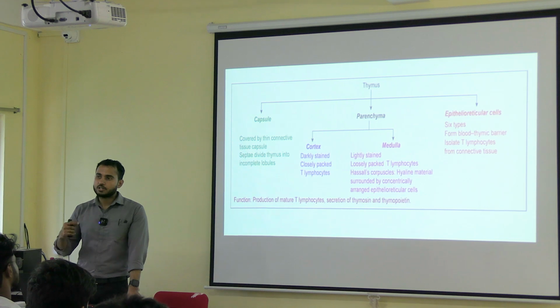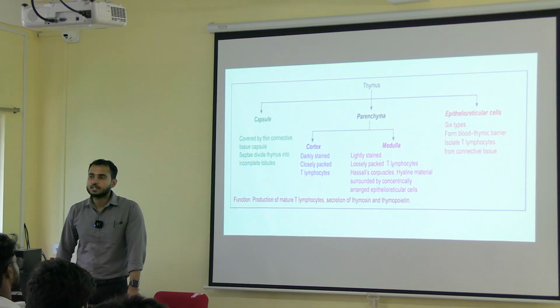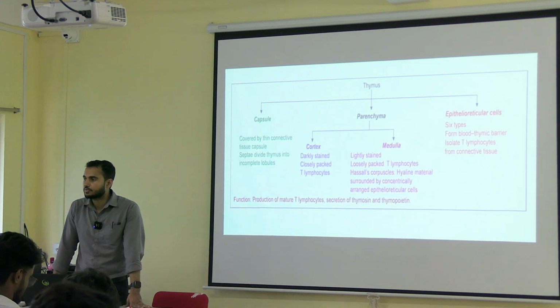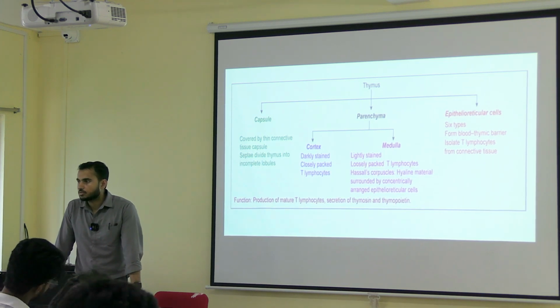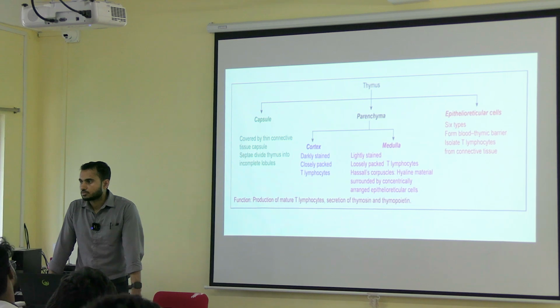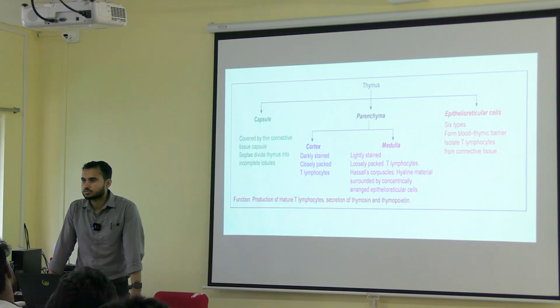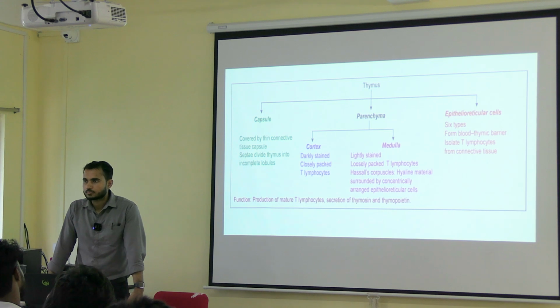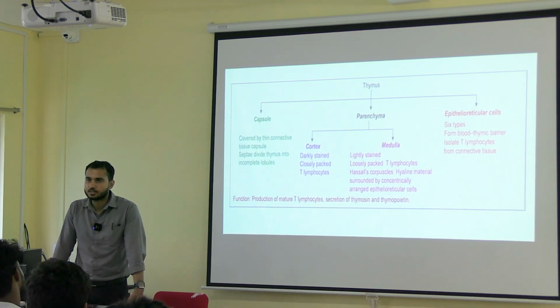Now, can anyone tell me why the blood thymic barrier is there? The thymus is producing T lymphocytes, so nothing to do with the antibodies. Any idea why the blood thymic barrier is present? It is very important. We have to study the structure of the blood thymic barrier.